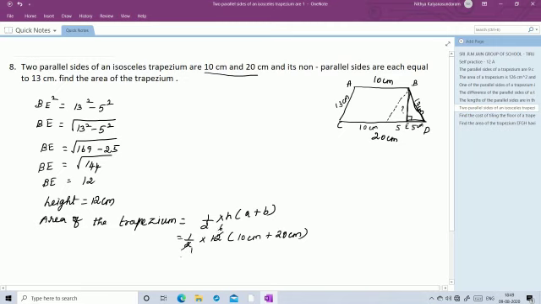Cancel: 2 ones are 2, 6 twos are 12. So 6 into 10 plus 20, 30. 6 threes are 18, so 180 centimeter square. Therefore, the area of the trapezium is 180 centimeter square.